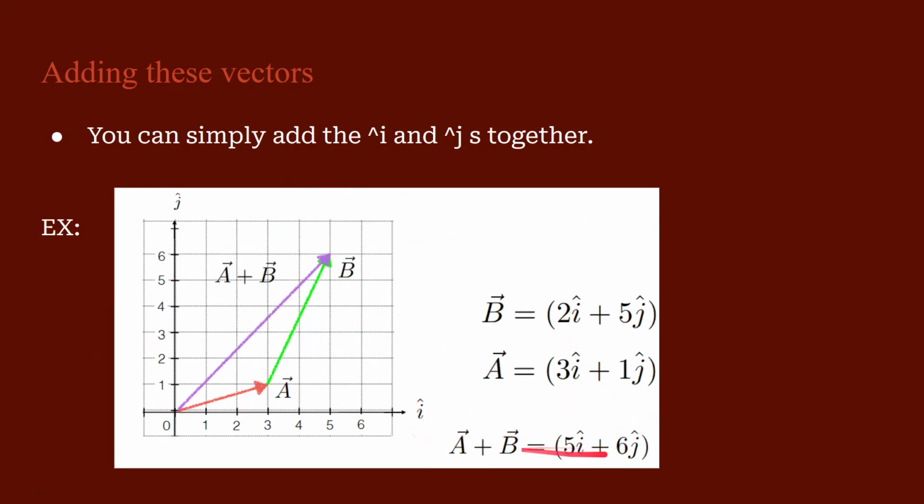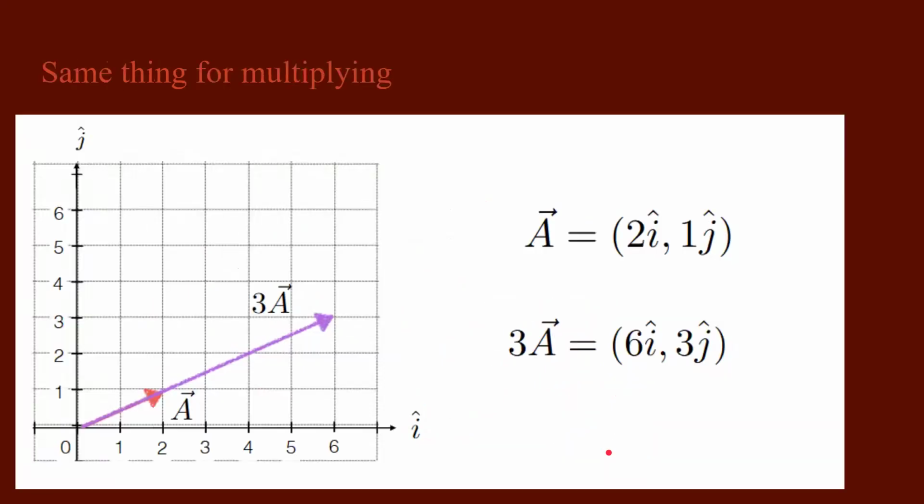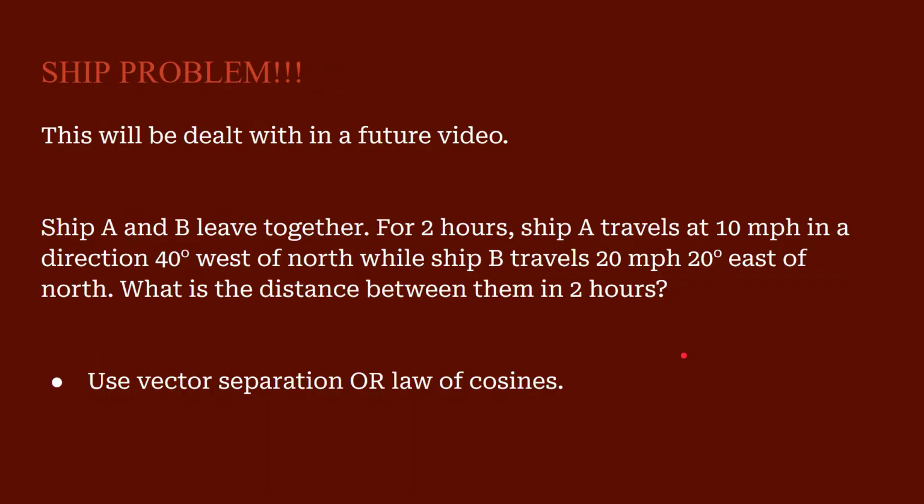So we can just add the i and j hat components. We can also do that for multiplying. So you can see if we want to get from a to 3a, it's going to be 2 times 3, 6. 1 times 3, 3. Pretty easy.